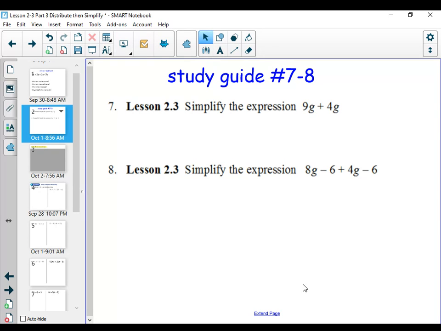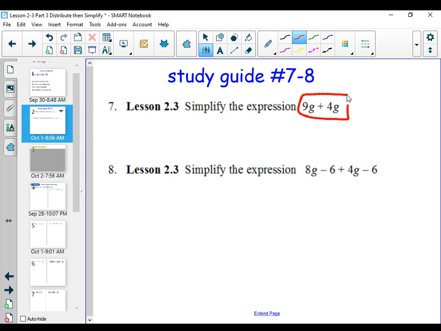First of all, in number 7, 9g plus 4g. We can combine like terms, which are terms with the same variable. You can also think about it as 9 letter G's and 4 more letter G's.